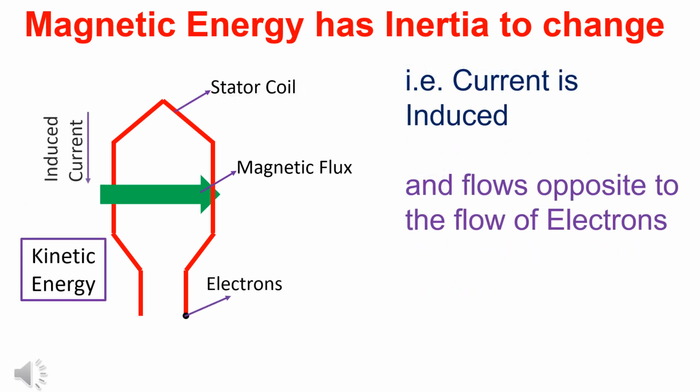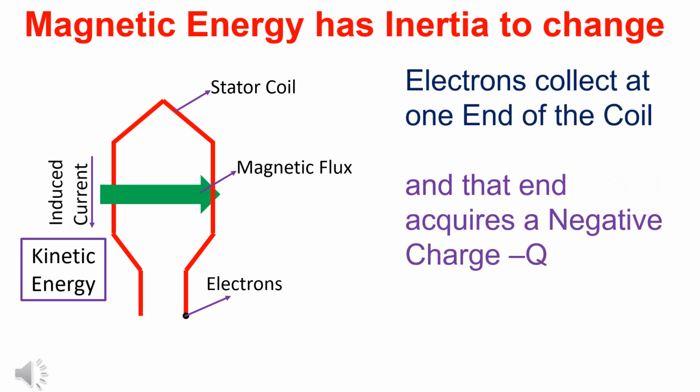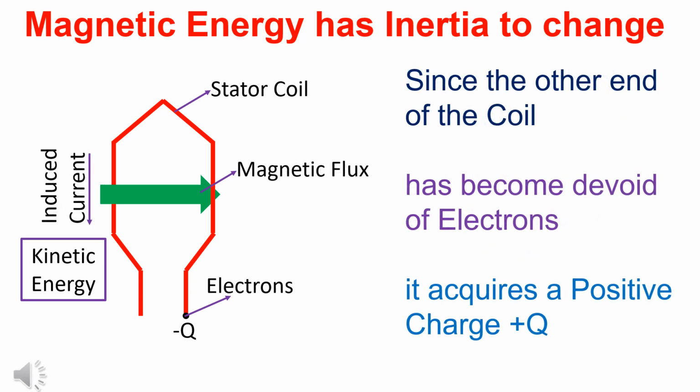That is, the current is induced which flows in the opposite direction. The electrons collect at one end of the coil, making it negatively charged. Since the other end has become devoid of electrons, it becomes positively charged.